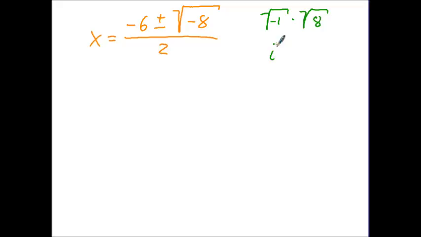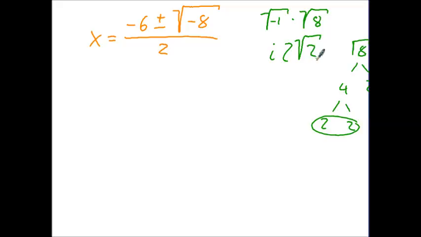And our square root of 8, we can draw a nice little factor tree and find out that we have 2 times the square root of 2. Well, that makes it easier. So let's then go ahead and write x is equal to negative 6 plus or minus 2i times the square root of 2 all over 2.